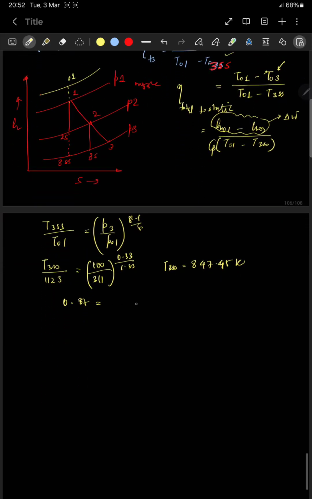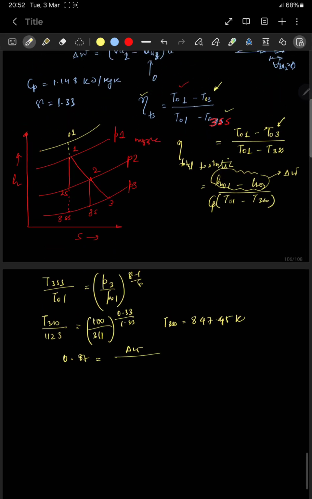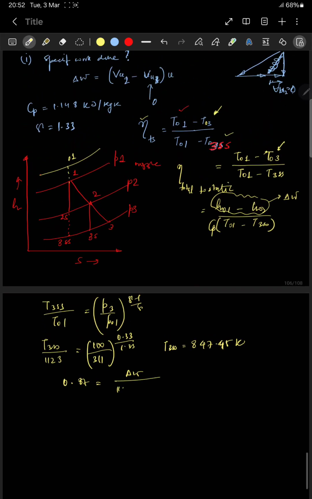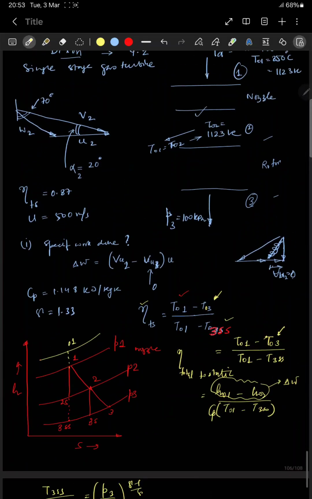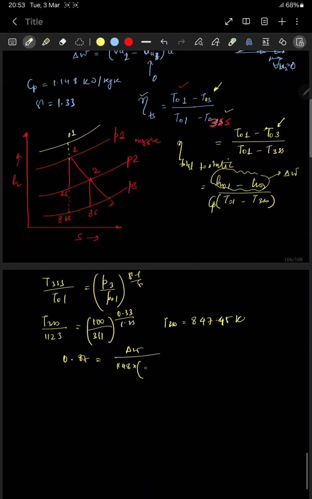So efficiency 0.87 is equals to delta W divided by Cp. Cp value is 1148 into T01. How much is this T01? It is 1123 minus 847.45. 1123 minus 847.45 into 1148 into 0.87.